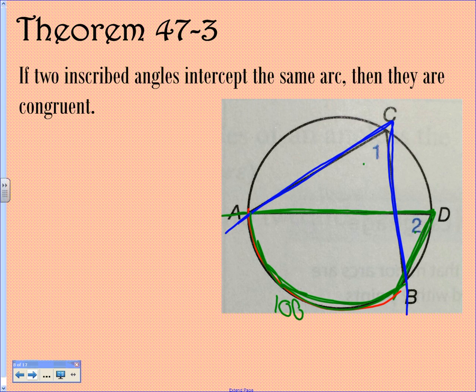Likewise, over here, this arc here, these 2 angles are both intercepting that arc, right? So that means that those 2 angles are the same. Think about interceptions in football.